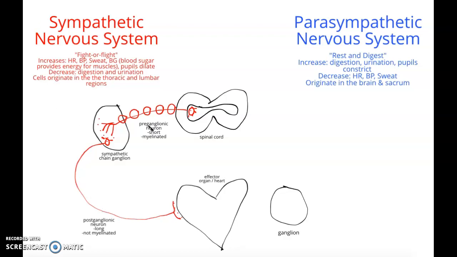So I added some labels. The preganglionic neuron is short and myelinated. Postganglionic neuron is long and not myelinated. The neurotransmitter being used here is acetylcholine that we abbreviate ACH. And then the neurotransmitter here is norepinephrine that we abbreviate NE.